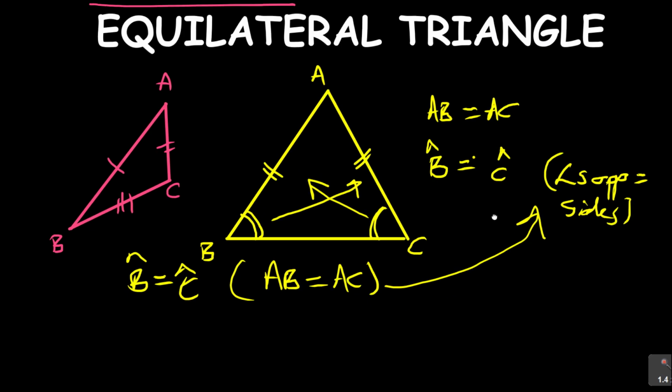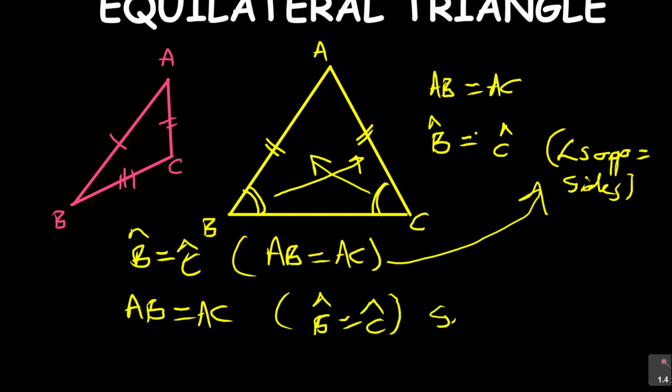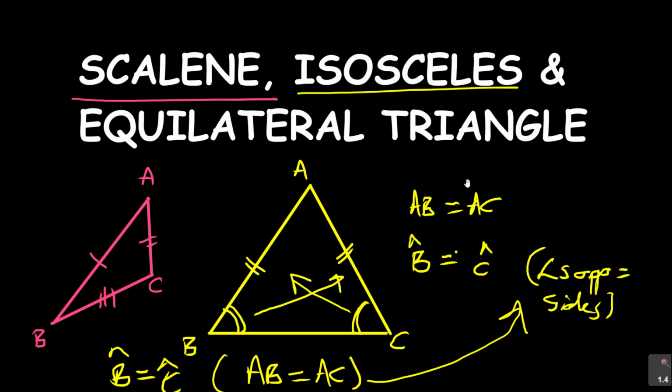Or sometimes you can state that side AB is equal to side AC because angle B is equal to angle C. Then here you are going to say sides opposite equal angles, you see. So that is an isosceles triangle.